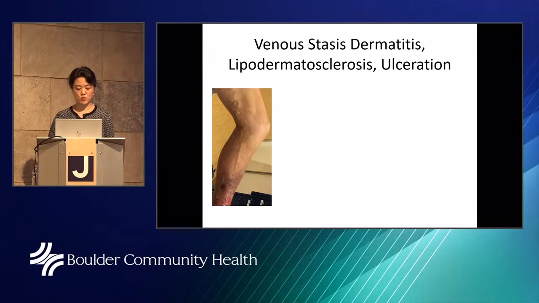Then heading down towards the calf, we have the dermatitic changes. We have the hyperpigmentation, the redness, the purple discoloration, brown discoloration, and also a patch of early developing ulcer.